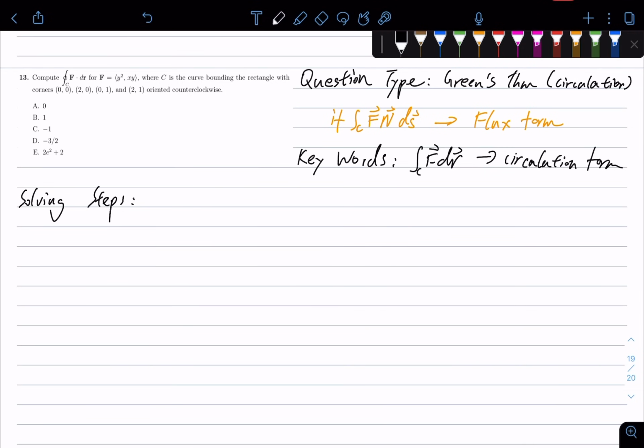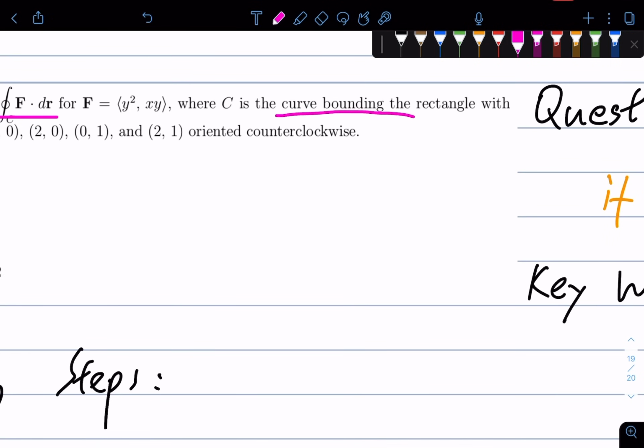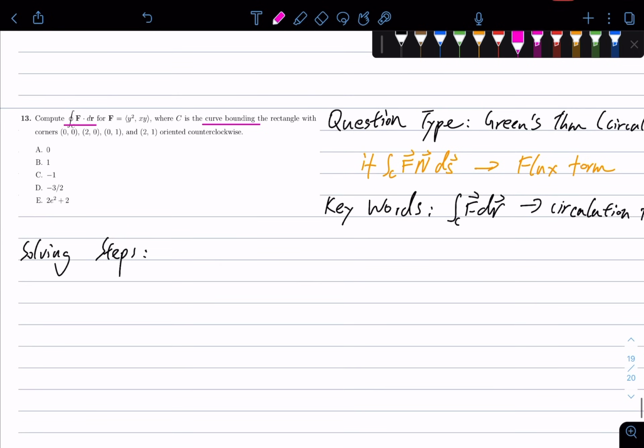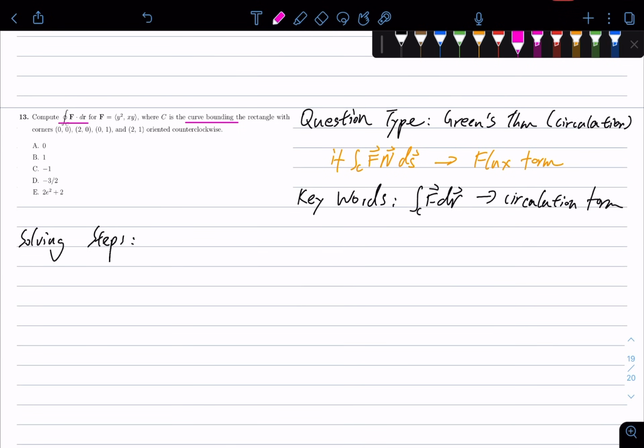But there's another important detail we need to pay attention to in order to determine whether it's a regular line integral in vector field problem or a Green's theorem problem. That key difference is that the curve is a closed curve, not an open curve. If it's an open curve, you can never use Green's theorem.